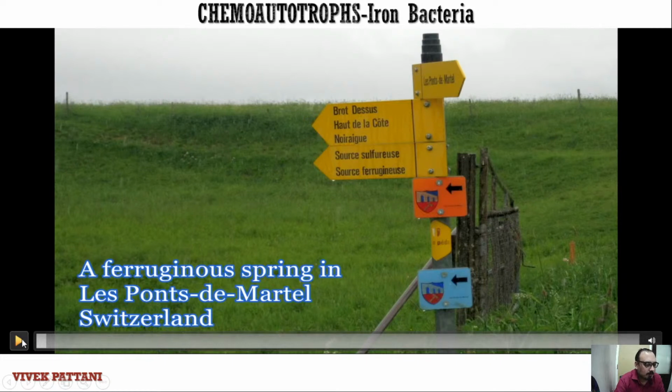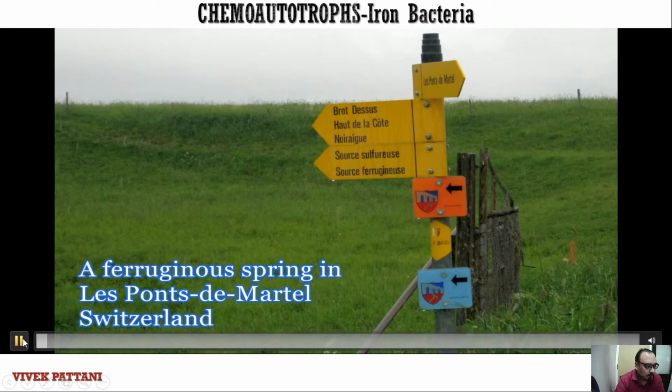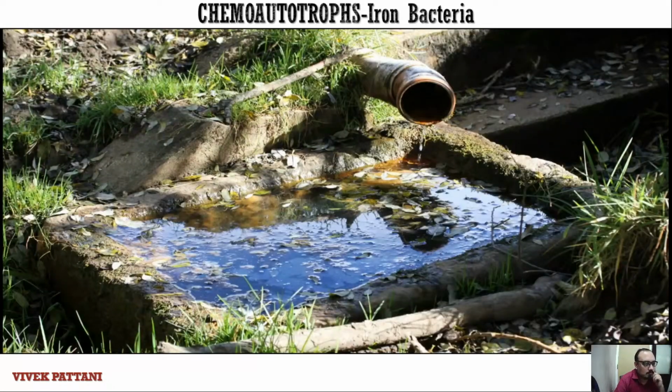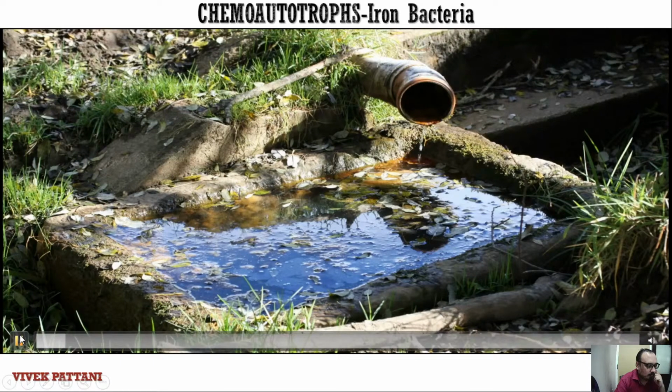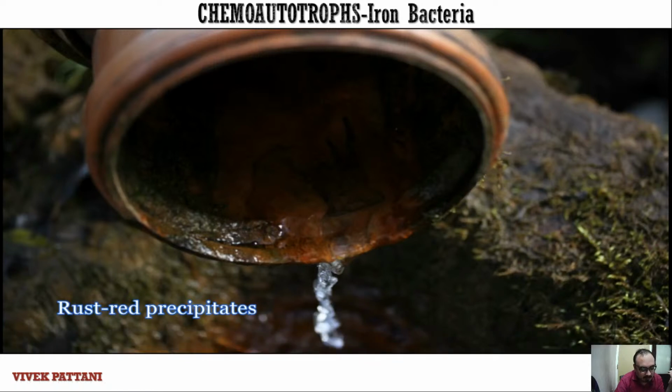A ferruginous spring in Switzerland. You can clearly see the red rust precipitates. You may have also seen them at various other places around you.